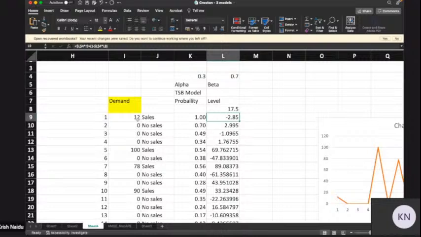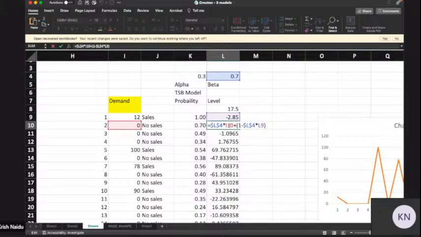L4 is 0.7 into I9 plus 1 minus L4 into L8.